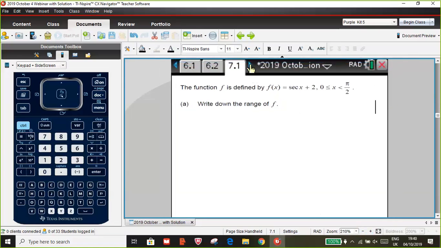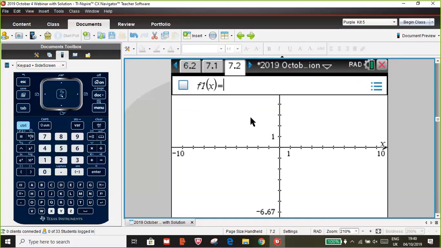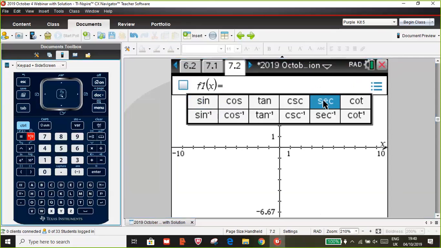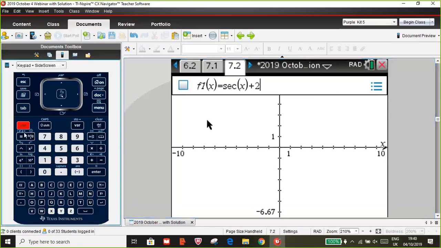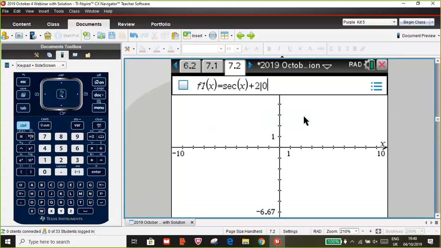Okay, so let's type in the equation. The equation is secant, so I have to use the trigo here. X plus 2, restricted domain. Where did I get it from? Control equal sign here. Then 0, control equal sign. I'm running out of time.